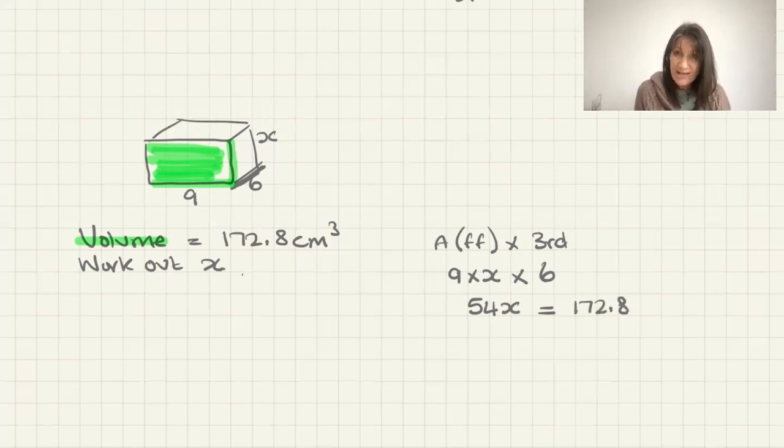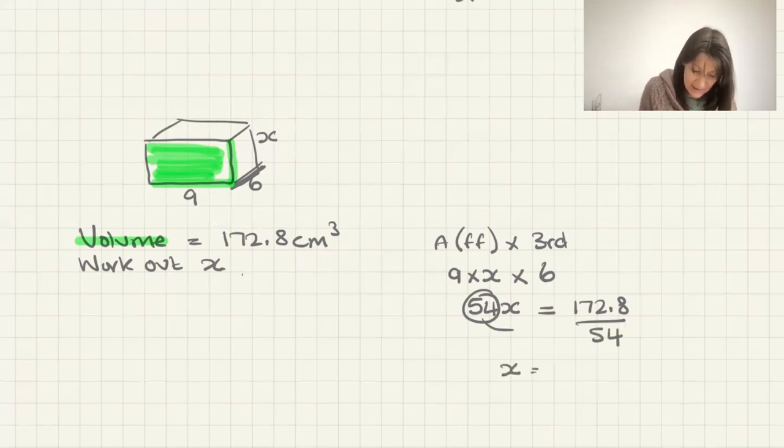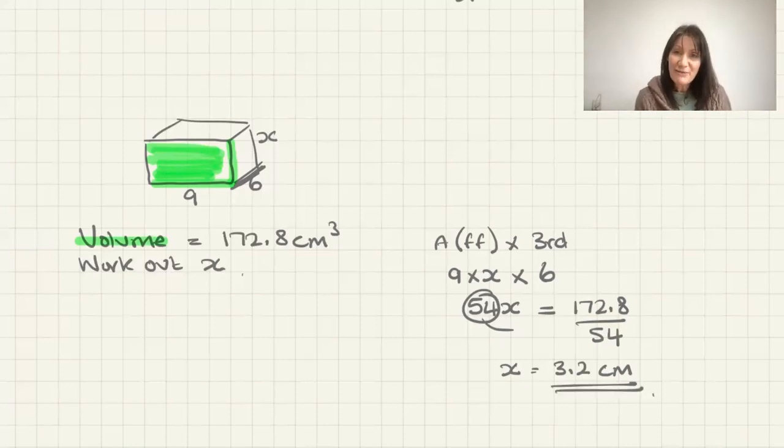Now, if I want to know what X is, I get it on its own. So I'm going to divide through by that 54. And it tells me that X is equal to 3.2. And it is centimeters because the volume is centimeters cubed. And if you got that right, really, really well done.